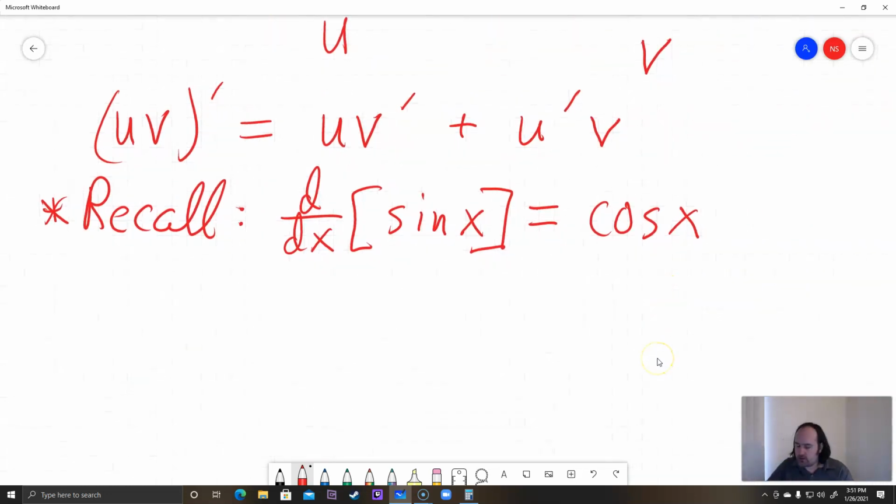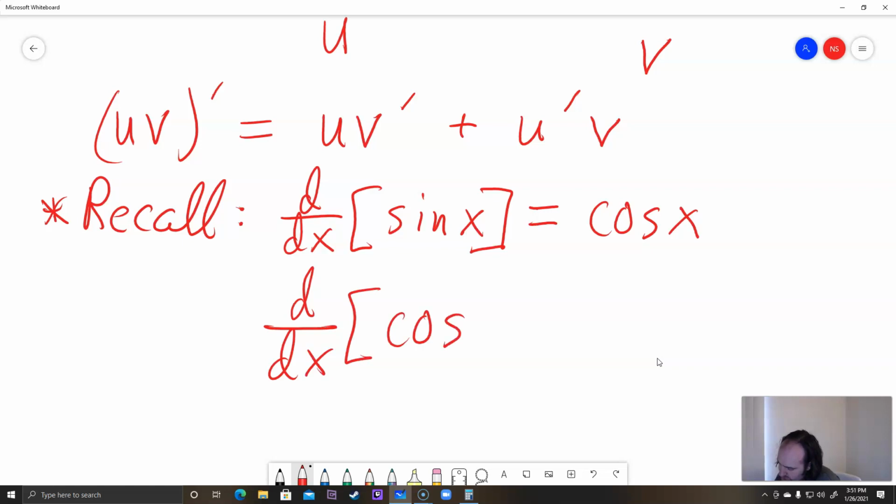And then also, the other formula from calculus 1 that you may or may not remember is the derivative of cosine. So d/dx of cosine of x is actually negative sine of x.